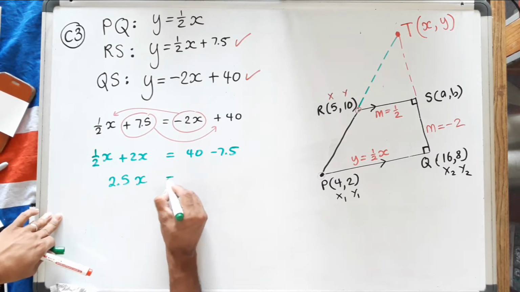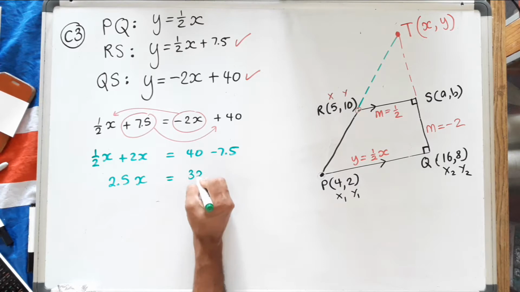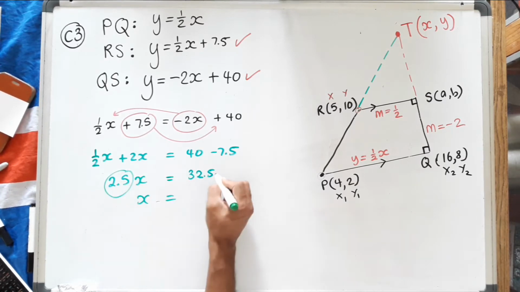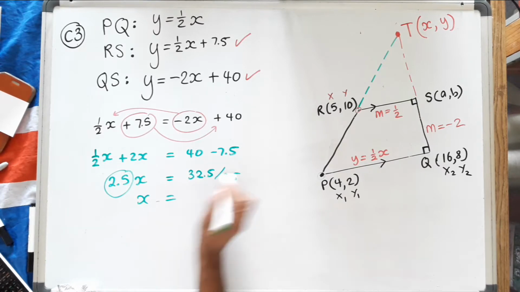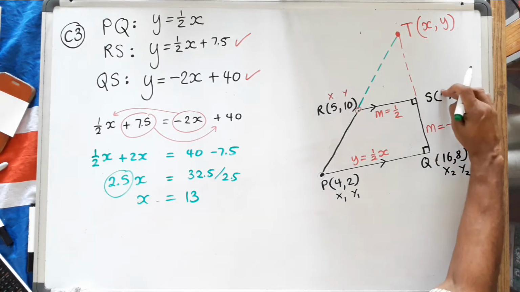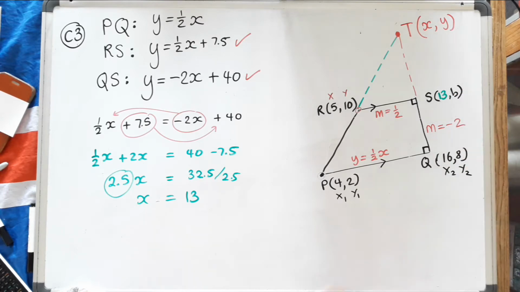Need a calculator here. 40 minus 7.5 is 32.5. Throw across the multiply, get a divide. 32.5 divided by 2.5 is 13. So that means A, the x value, is 13.